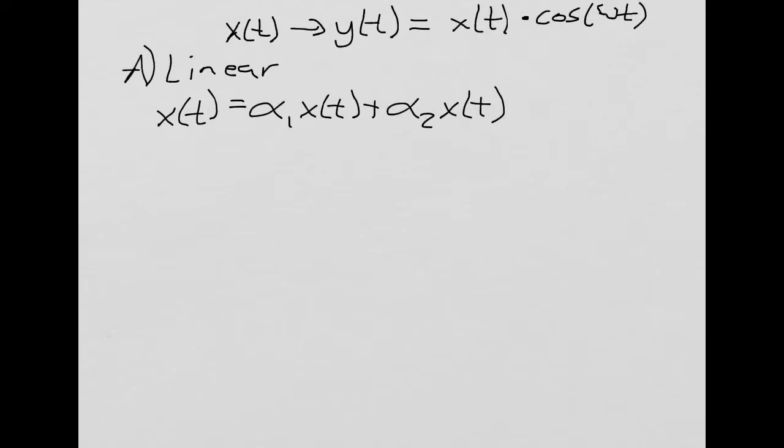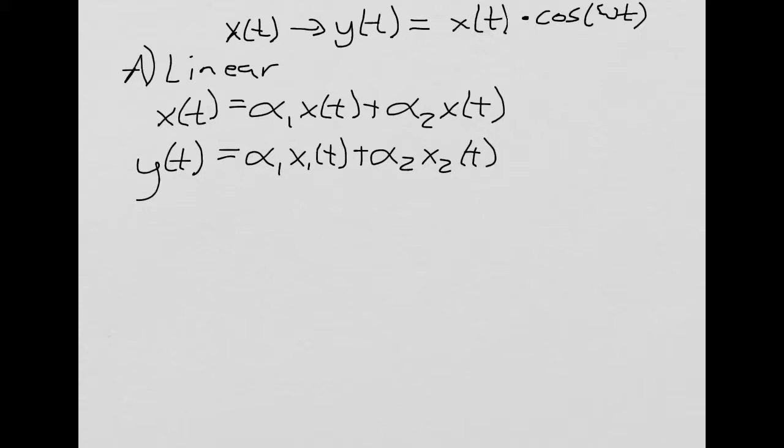So this would give us our y of t. Our y of t would equal alpha 1 x1 of t plus alpha 2 x2 of t times our cosine of omega t.